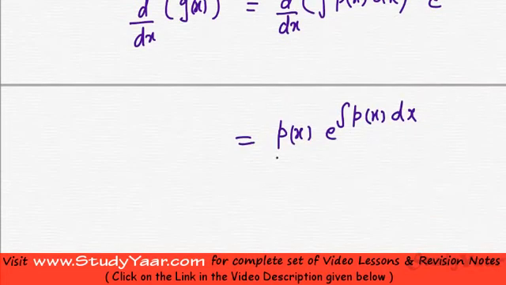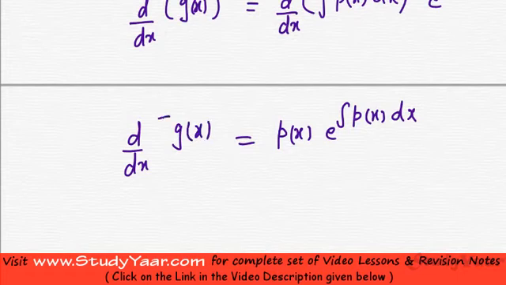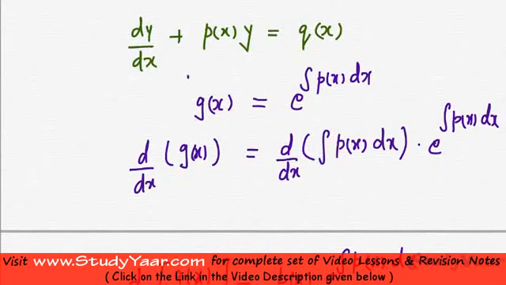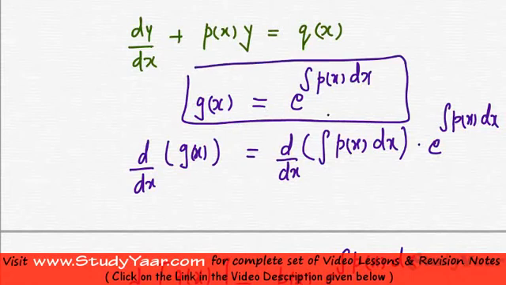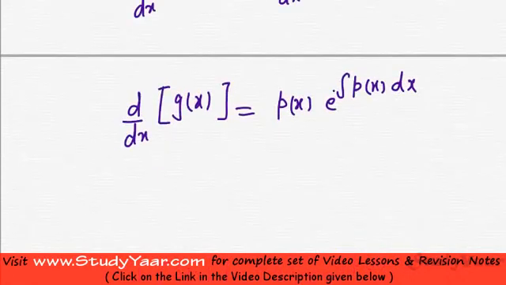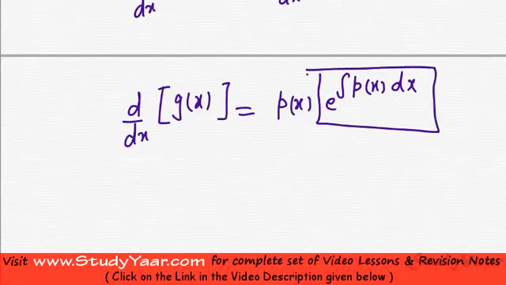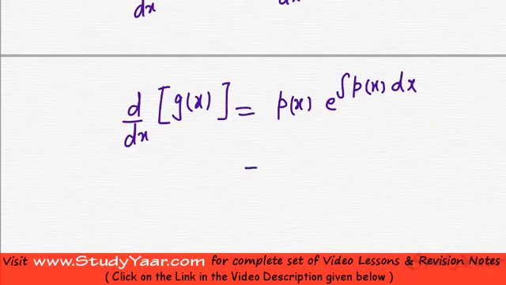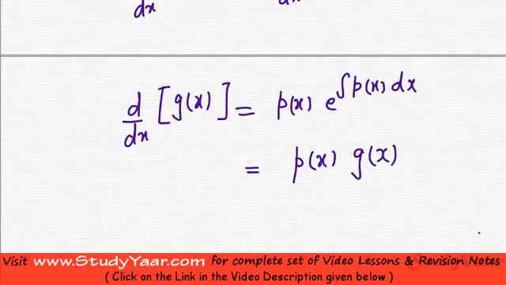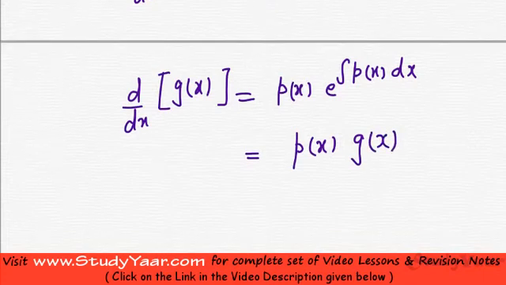So what do you get? This is your d/dx of g(x), but my g(x) is e raised to power integral P(x) dx, so I can replace this by g(x). So this is P(x) g(x). Let us call this equation number 1.